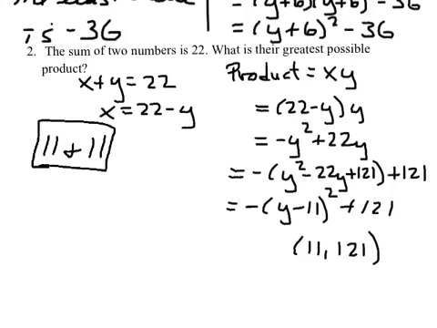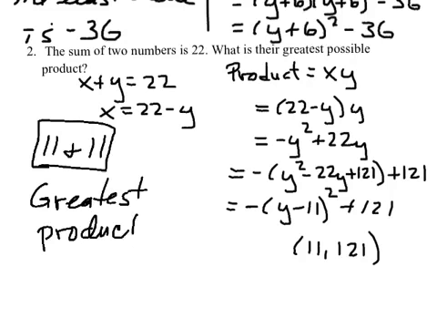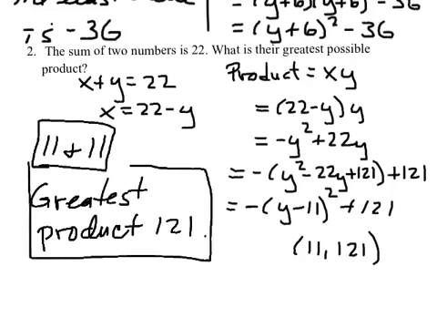And it says what's their greatest possible product? Well, their greatest possible product is that extreme value, 121. Again, there's no two numbers that add up to 22 that will have a bigger product than 121.